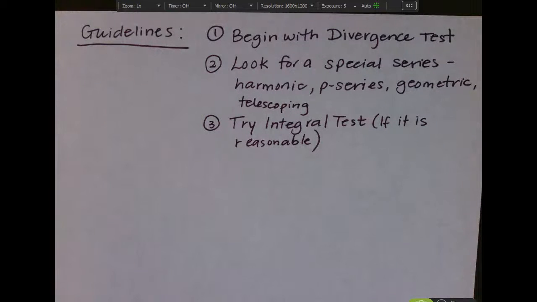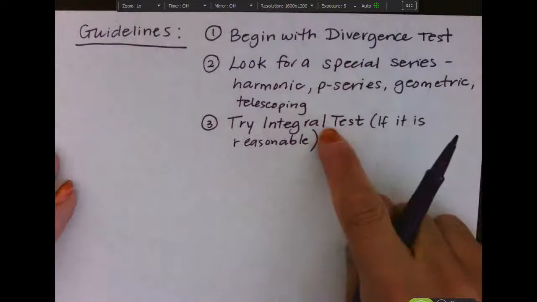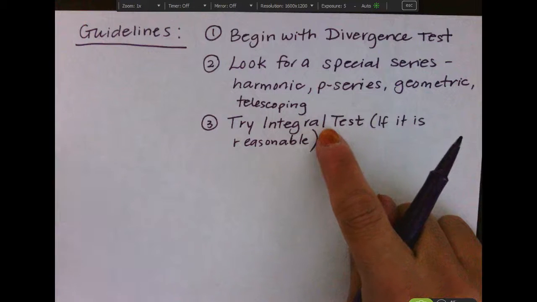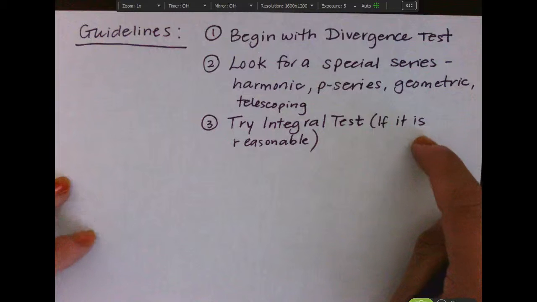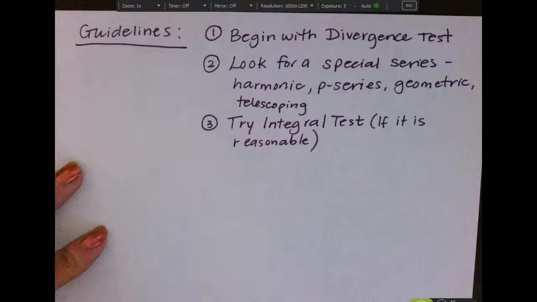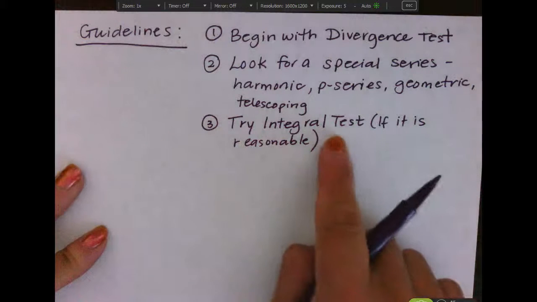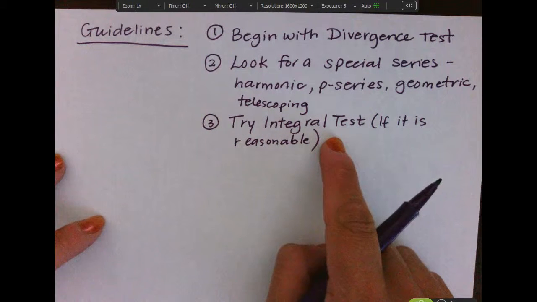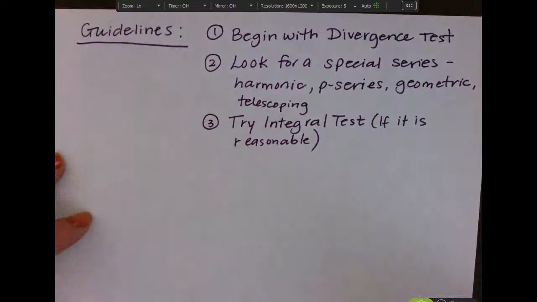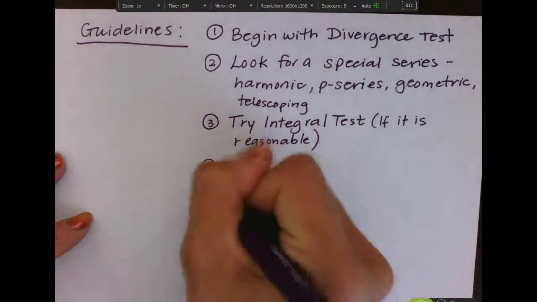And also it has to be something that's easily integrated, basically. And if it is positive, decreasing, and continuous, then you should be able to find its antiderivative easily. So that's the downside of the integral test. The upside is that you'll always get a conclusion. You'll know, is it divergent or convergent?